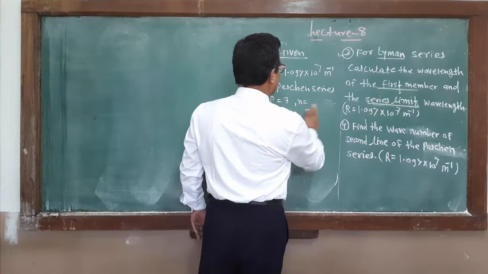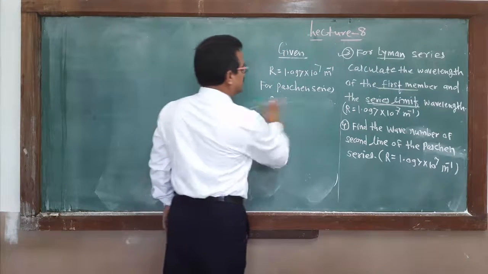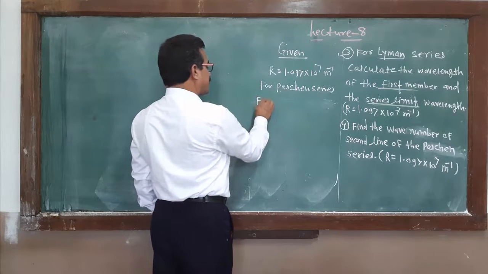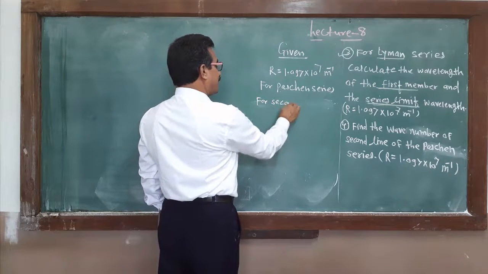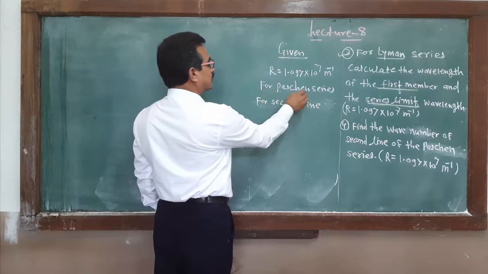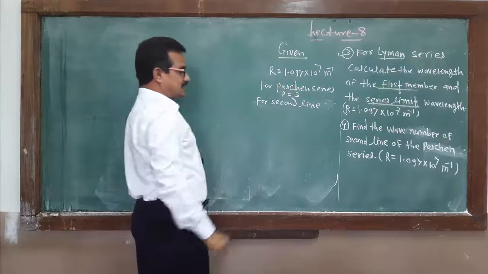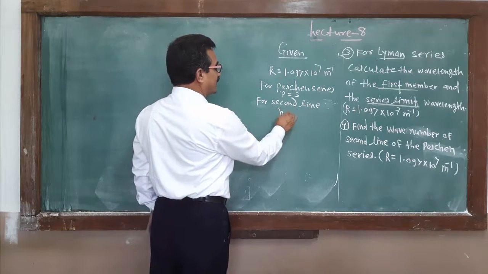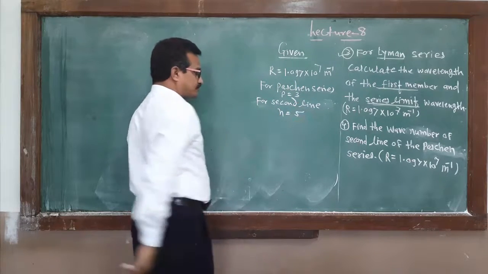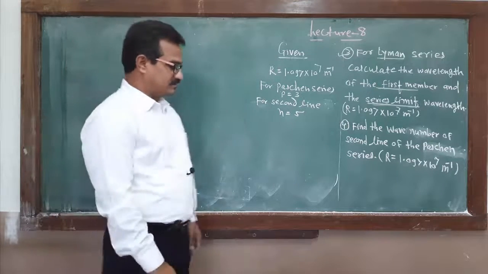So for the second line, the value of n is equal to 5. This is actually the given.